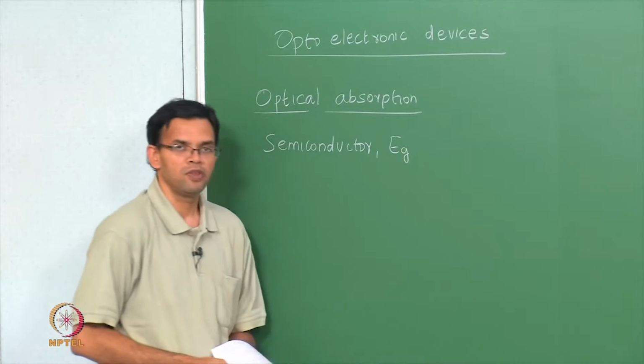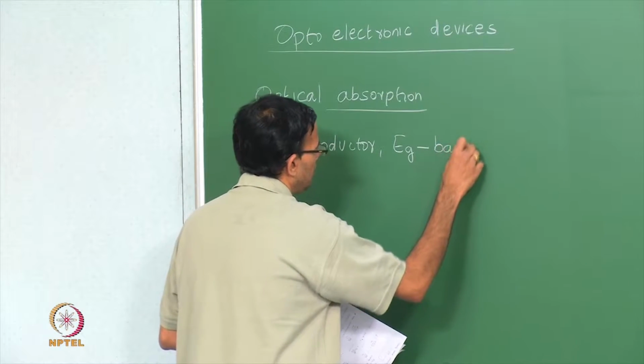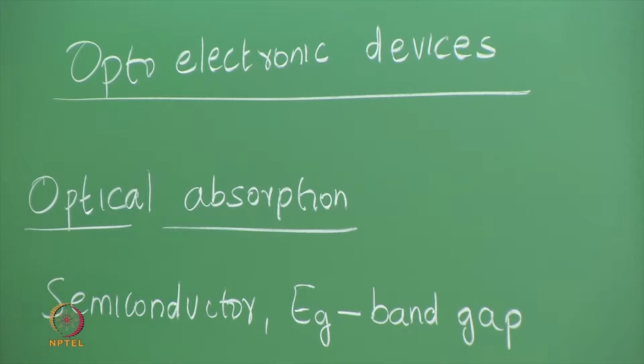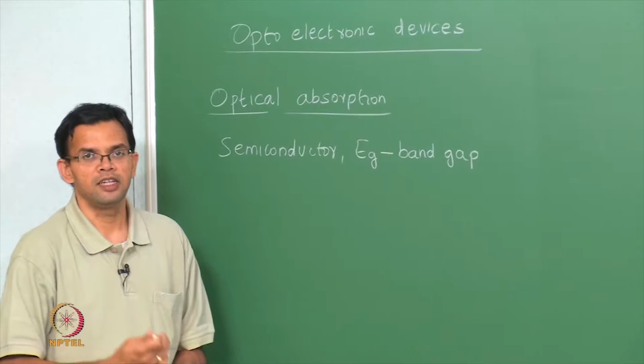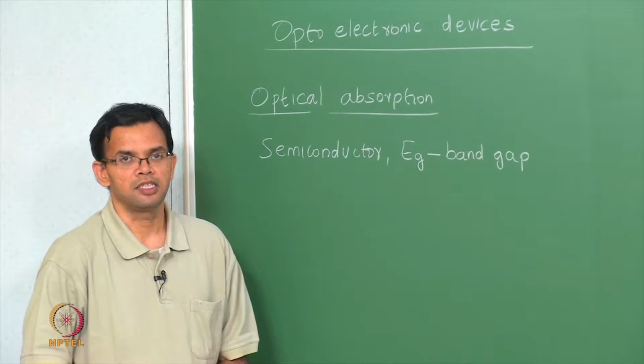So, Eg, which is the band gap of the semiconductor, is nothing but the energy difference between the valence band and the conduction band. We are going to say that your semiconductor is ideal, so that there are no energy states between the valence band and the conduction band.